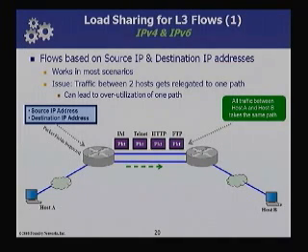However, in an end-to-end architecture, let's say between 2 hosts A and B, all the traffic between the 2 hosts will always stay on the same links because the source IP and destination IP addresses are the same.